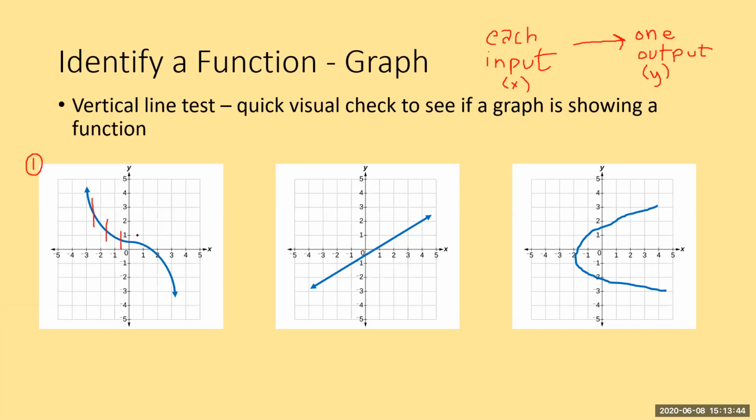And the graph passes the vertical line test if we only intersect the graph at one point. So each time I drew a vertical line through this graph, I only intersected or crossed the graph one time. You see each of these vertical lines only crosses the graph once. So we would say that this graph, graph number 1, passes the vertical line test, and that means it is a function.